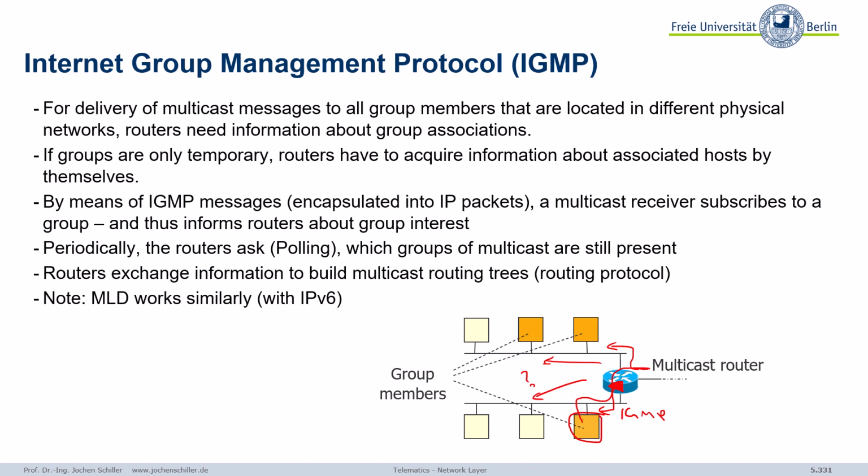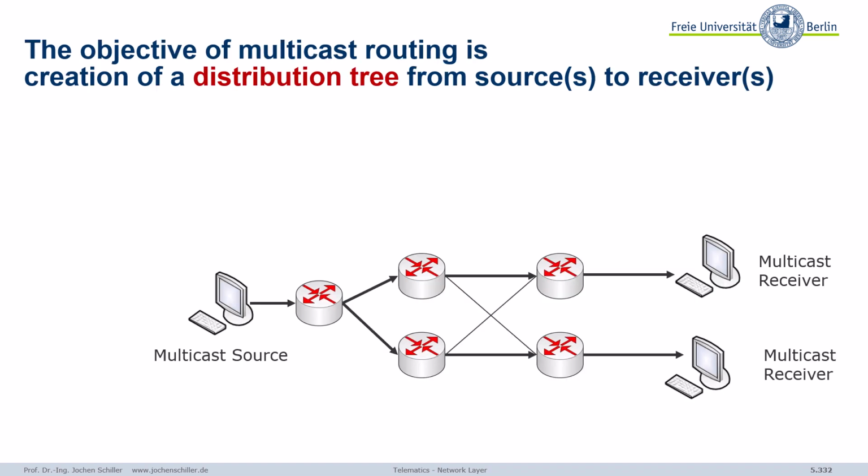For the whole network itself, it's a bit more complicated. Because you cannot simply say, okay, if there's a member somewhere in Germany that listens to a concert, I forward the traffic to the whole network of German Telecom or whatever network. It's a bit more complicated.